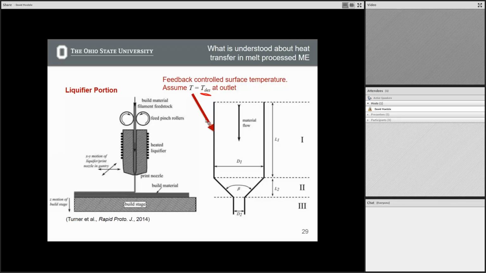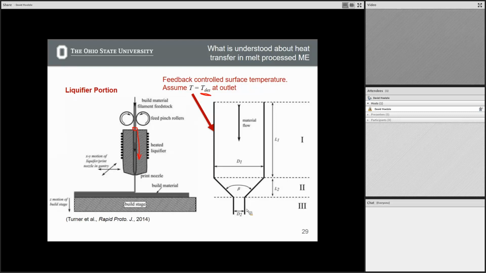We have engineered controls to keep it constant, which gets rid of the importance of that physics. The main idea is that this material comes in as a solid, goes above the glass transition temperature, and continually decreases in viscosity, so it flows.